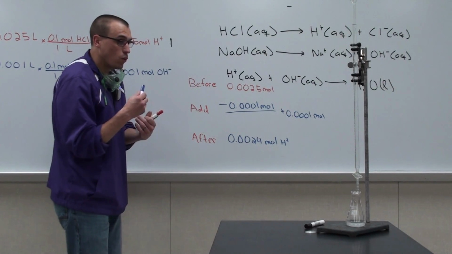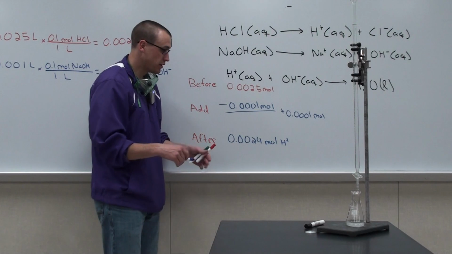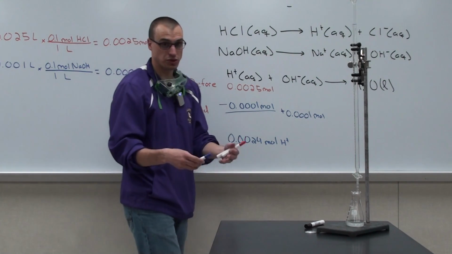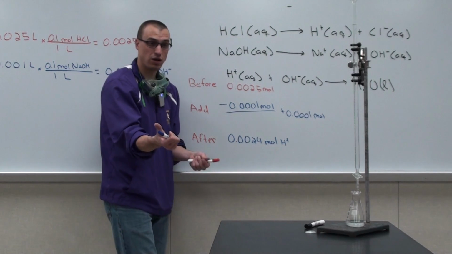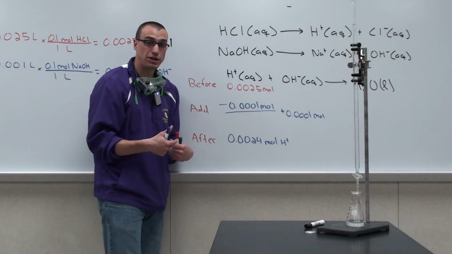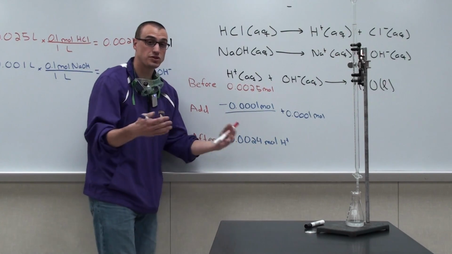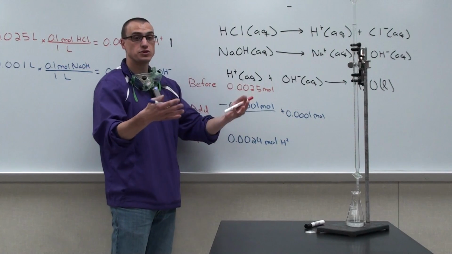So we now need to think about what is our total number of milliliters of solution. We started out with 25 milliliters of that HCl and we added 1 milliliter of NaOH. So that gives us a total of 26 milliliters of solution.